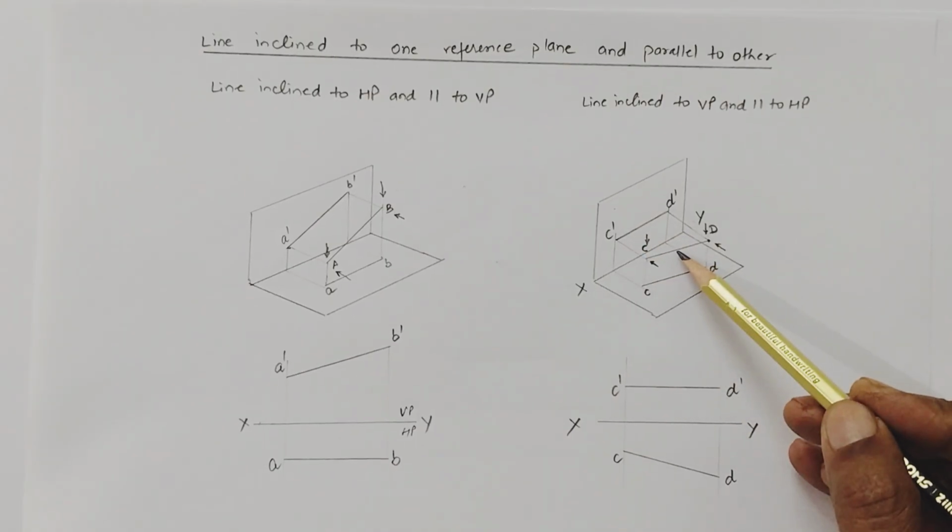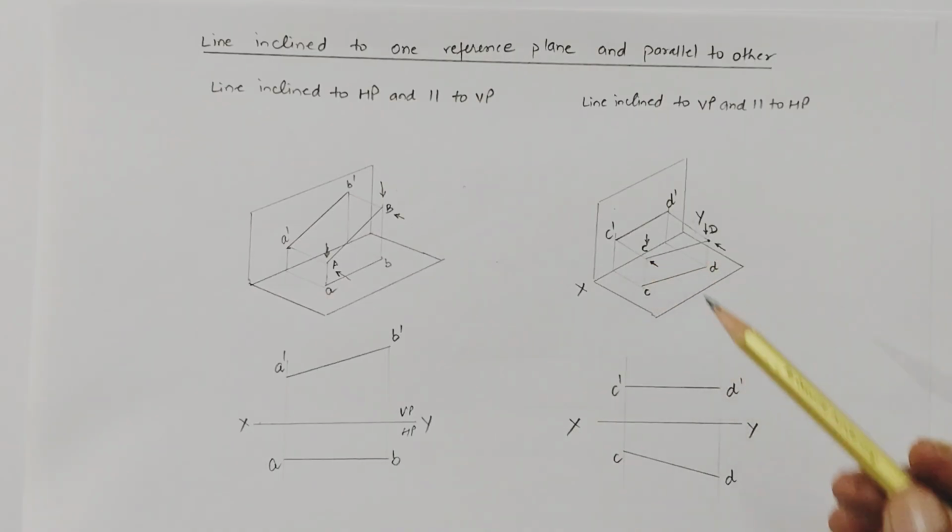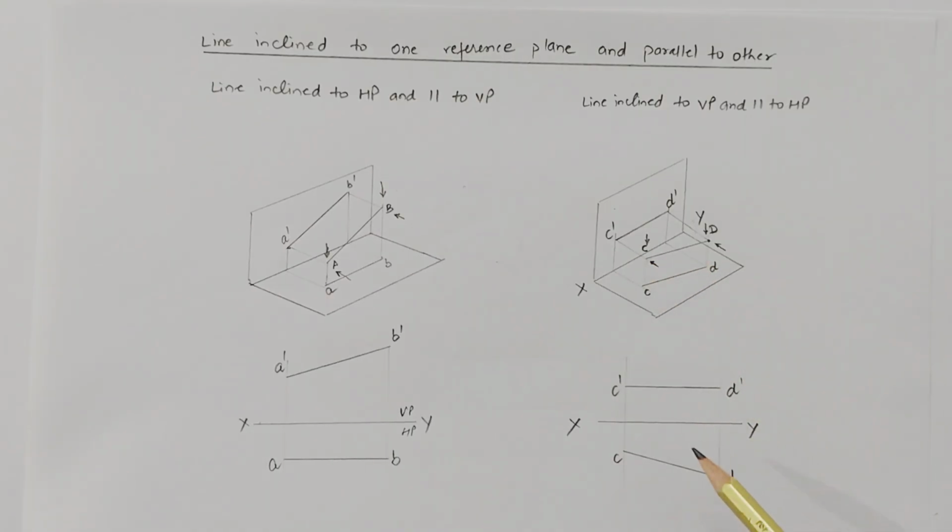This line is parallel to the horizontal plane and inclined to the vertical plane. So that's why in the top view we get the inclination of the line, and in the front view we get that the line is parallel to the XY line. So this is the case when the line is inclined to one plane and parallel to the other.